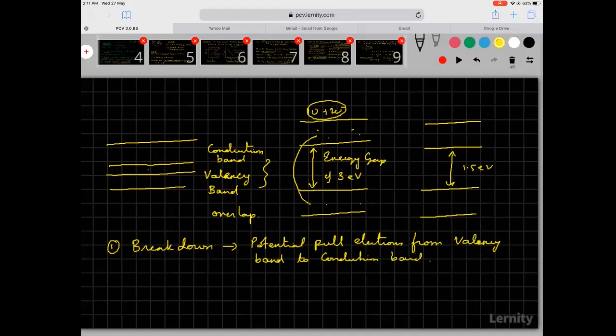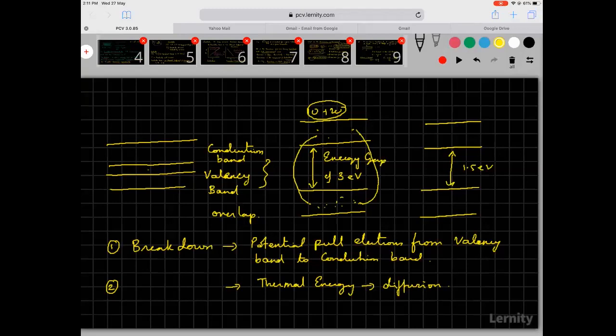Understood? In our case, what is happening is it is the thermal energy, and because of thermal energy only diffusion can happen. High concentration moving to low concentration, right? So this is the difference between them.